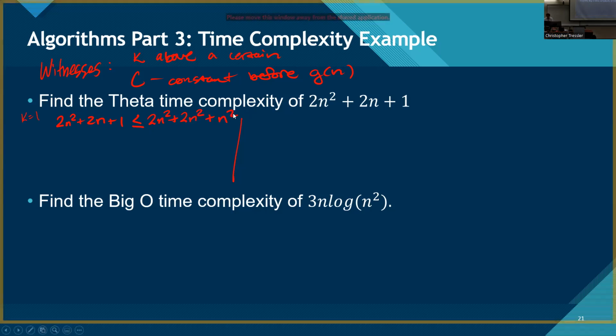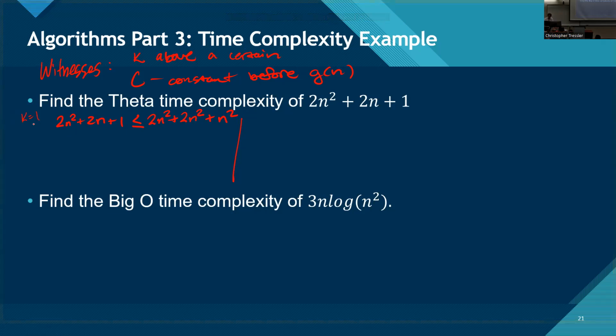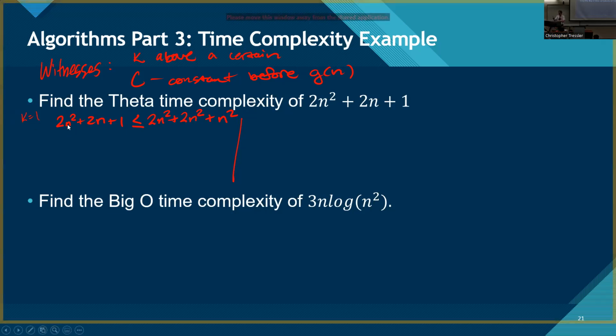Because think about it for a second. If n is 1, then n squared will be 1, so that means we have this plus 1 here. And changing it from n to n squared, if it's greater than 1, squaring something can only make it go up. So no matter what, assuming our k is 1, which means assuming that n is greater than or equal to 1, this must be less than the function on the right. Do you guys see that?